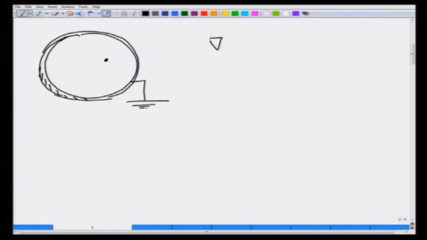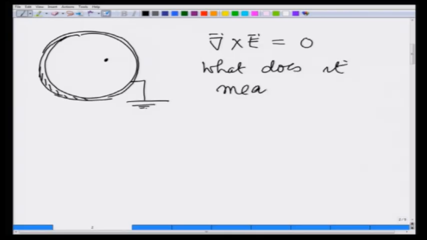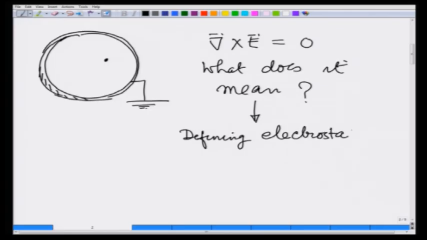For the time being, let us understand the meaning of the curl equation. What does it mean? This will automatically lead us to defining electrostatic potential, which is easier to deal with compared to electric field, because for electric field we have two differential equations.